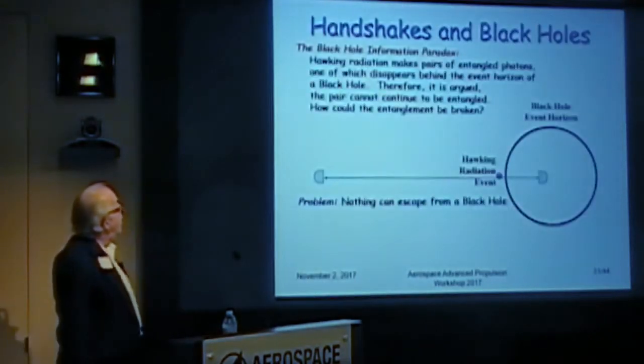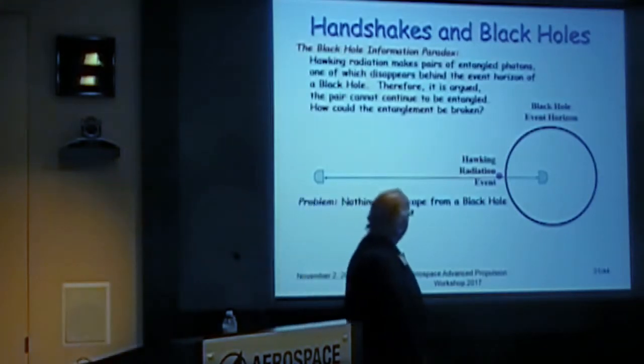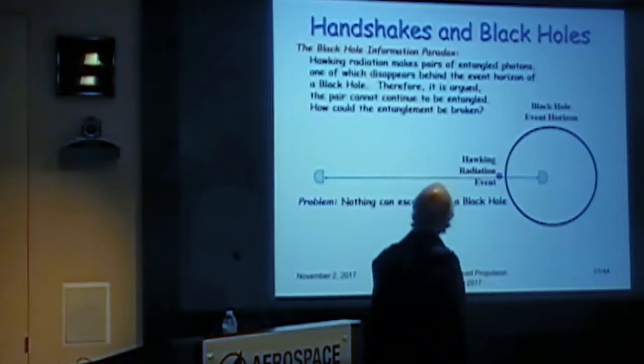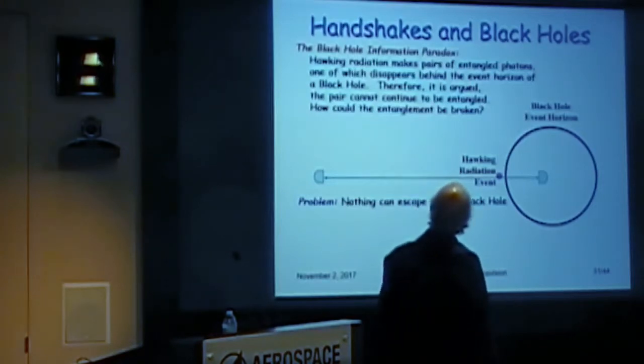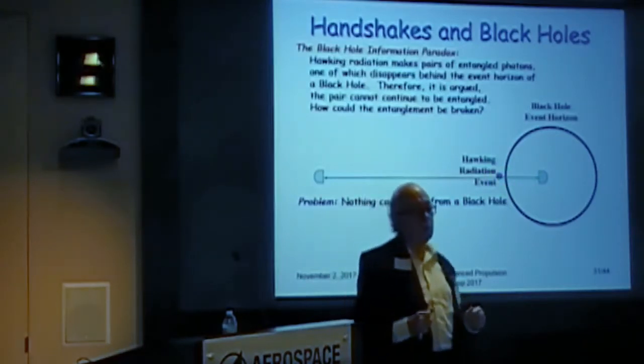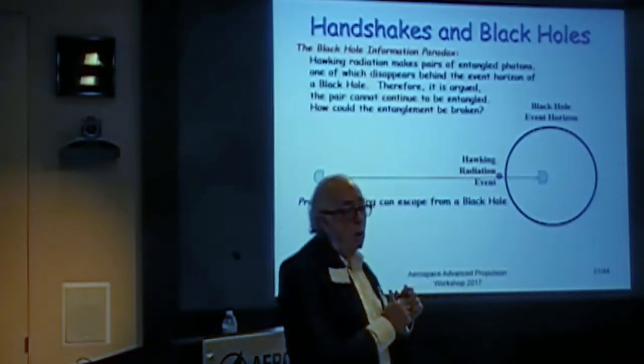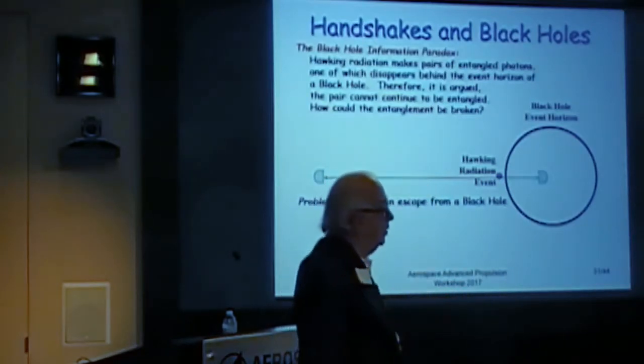Okay, one last problem, which is not usually associated with quantum mechanics, is the so-called black hole information problem. You have a Hawking radiation event here where two photons are generated in the strong gravitational gradient at the edge of a black hole, and one of them goes into the black hole and the other doesn't.